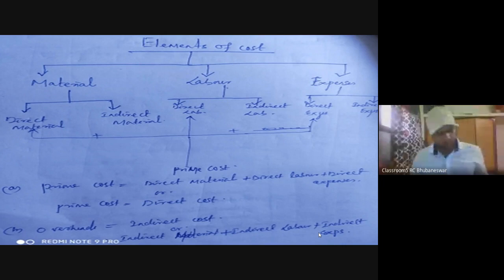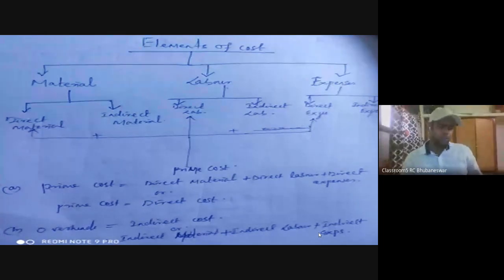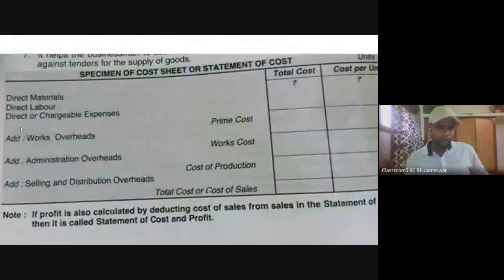Just go on writing. The first one is factory overhead. You can see here the three types of overhead.